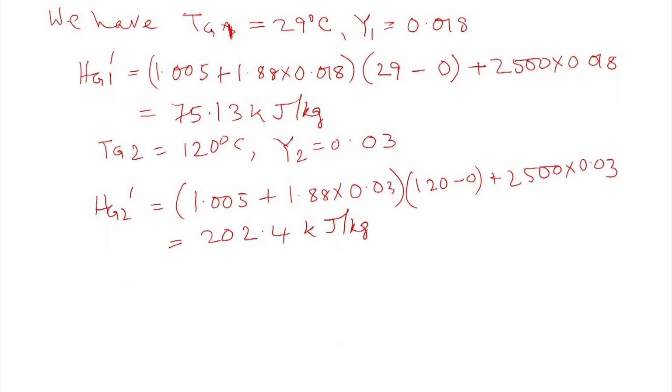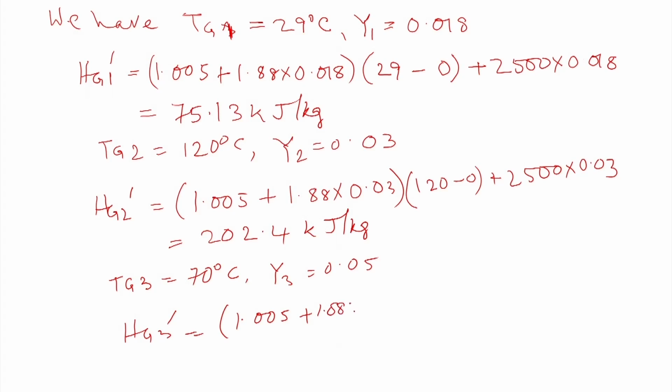Similarly, Tg3 is equal to 70 degree Celsius and Y3 is equal to 0.05. So, from here we will be calculating Hg3 prime is equal to 1.005 plus 1.88 into 0.05, into 70 minus 0, plus 2500 into 0.05.